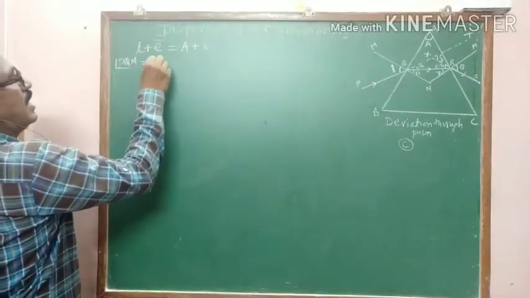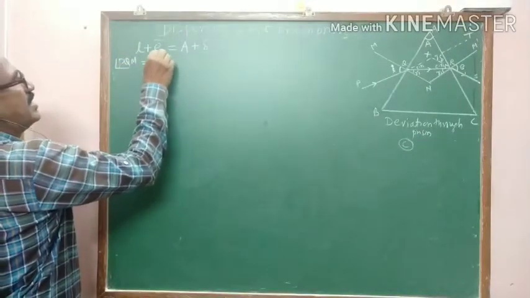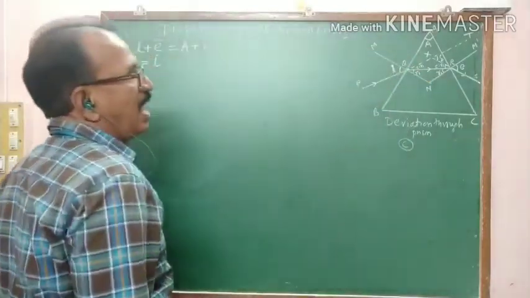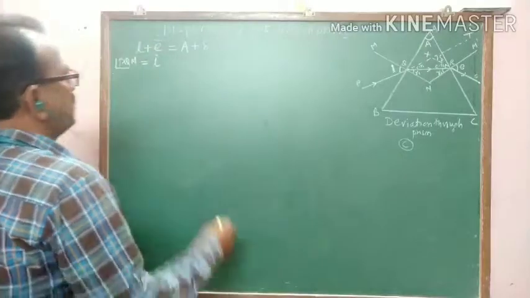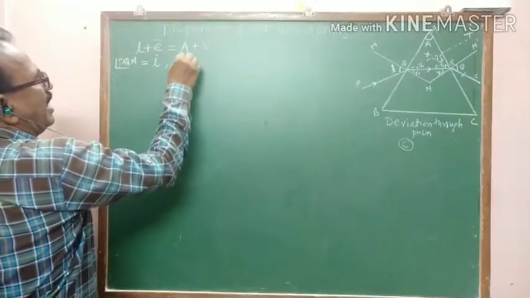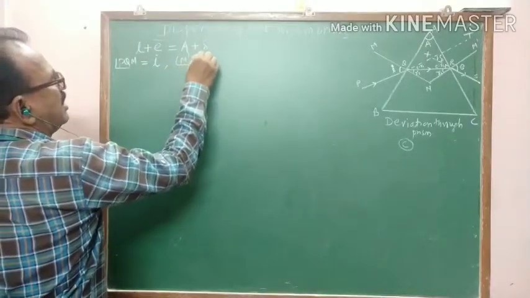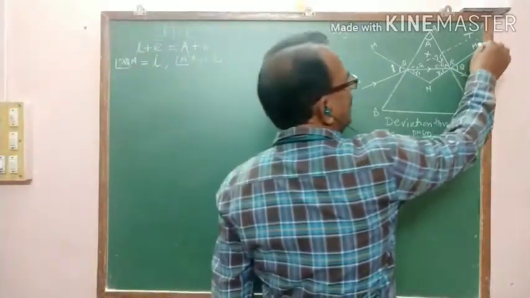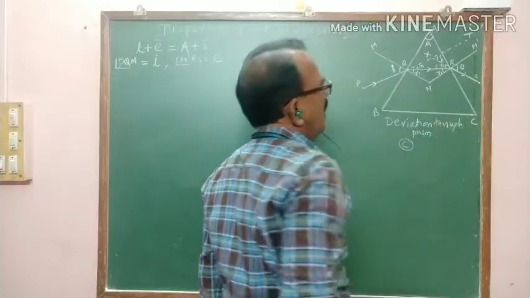PQM is nothing but the angle of incidence i. Angle M'RS is equal to the angle of emergence e.